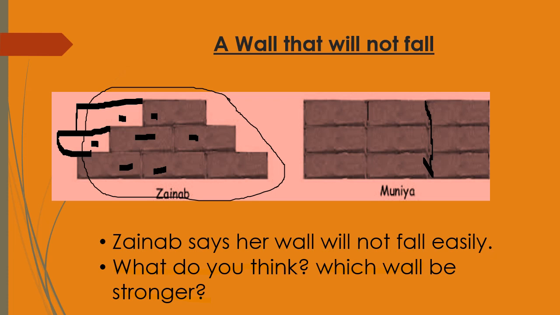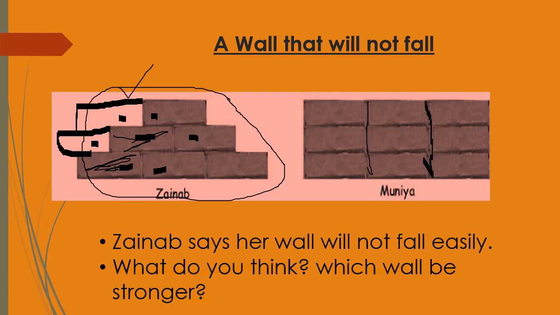From here these three bricks will easily fall down. But here if I'm going to push, what will happen? It will be very difficult for me to even push this wall, this brick, or this brick. So in this way Janab's wall will be strong as compared to Munia's wall.